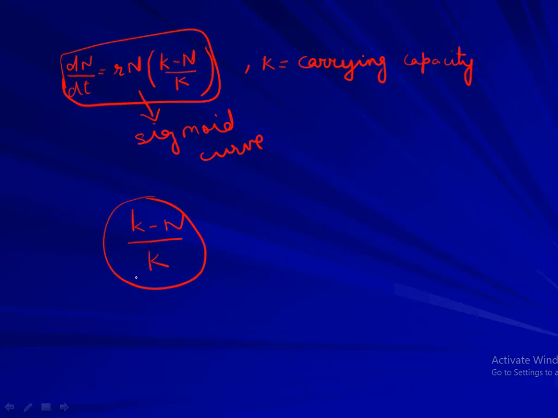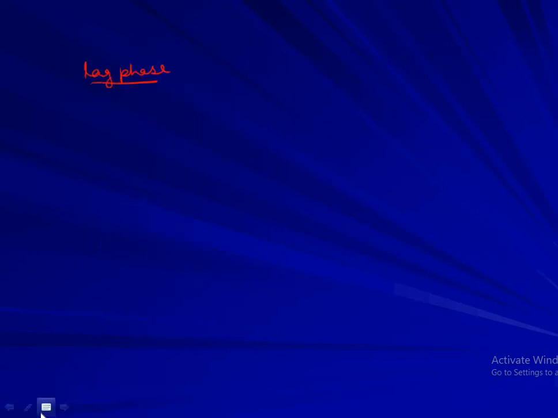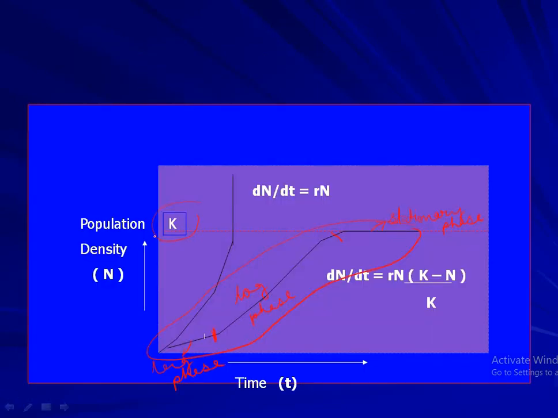Looking at the expression, let's see what happens during the lag phase. During the lag phase, the value of N is very small, because N, which is population density, is on the y-axis.